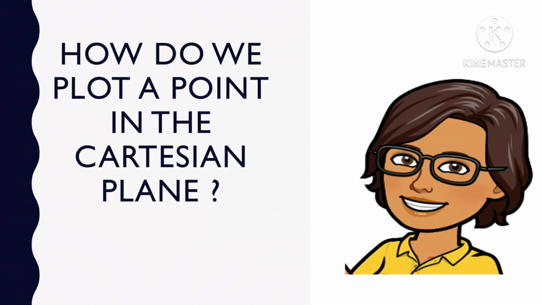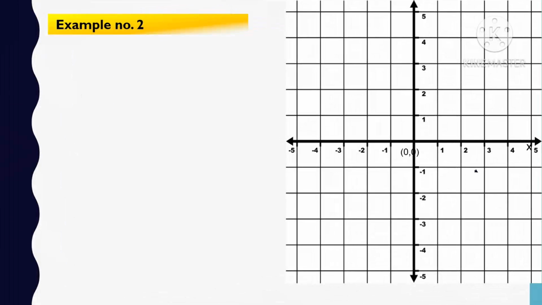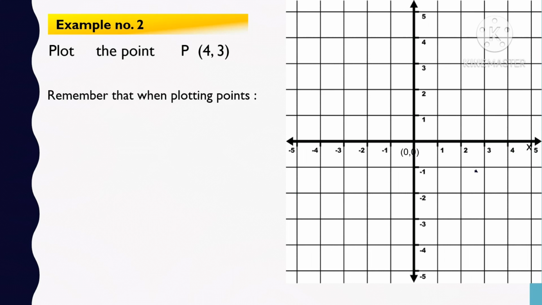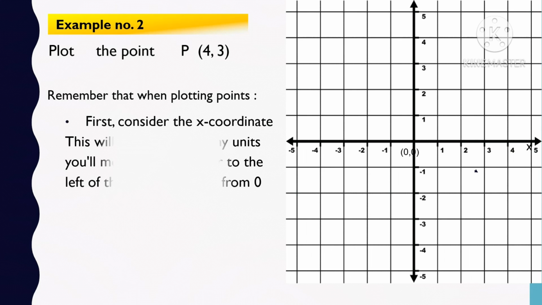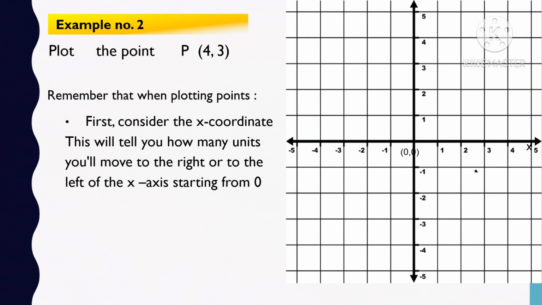How do we plot a point in the Cartesian plane? Example number 2. Plot the point P with coordinates 4, 3. Remember that when plotting points, first consider the x-coordinate. This will tell you how many units you'll move to the right or to the left of the x-axis starting from 0.